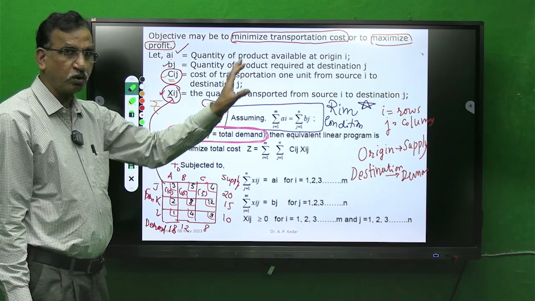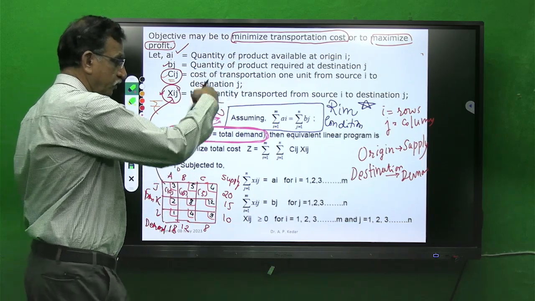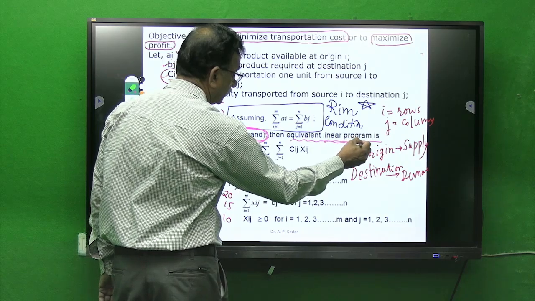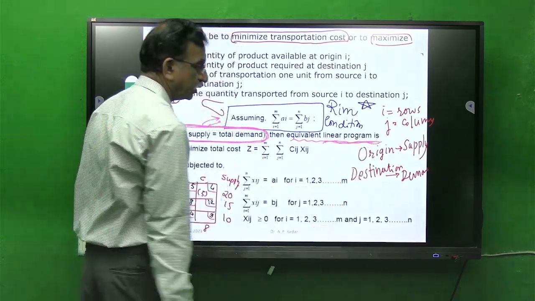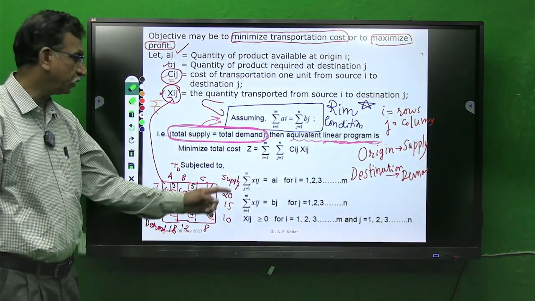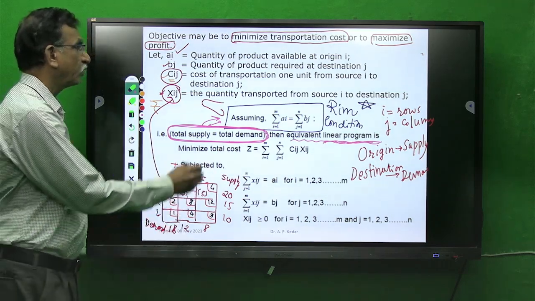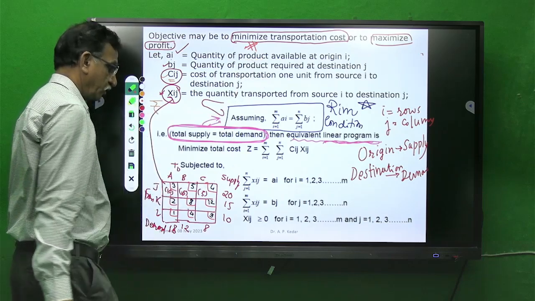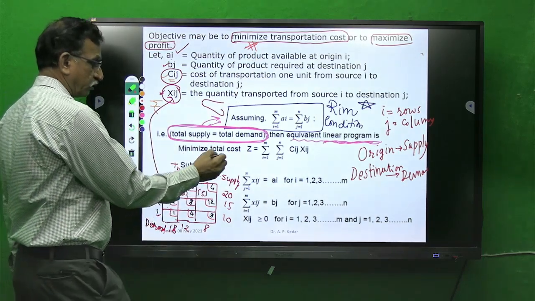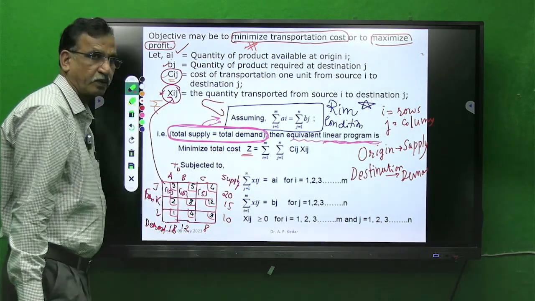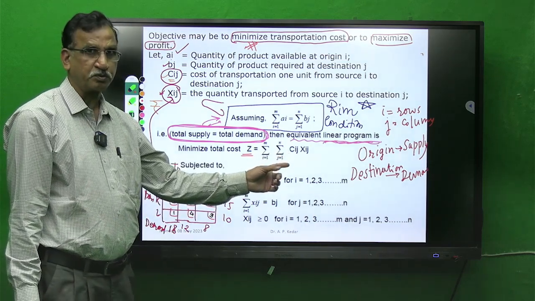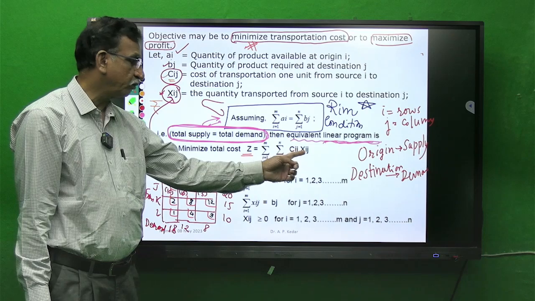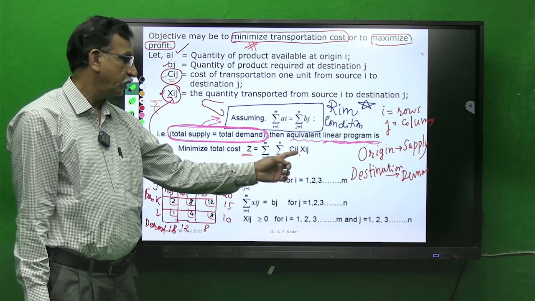Once you know all these things, for this data you can write its equivalent linear program, which we have studied under unit 1, and the linear program goes like that. The objective function is to minimize cost, referred to as Z. The cost of transportation will be the product of cost per unit and number of units transferred.